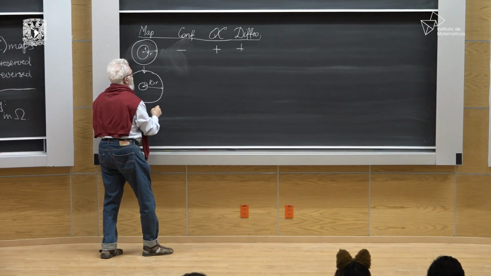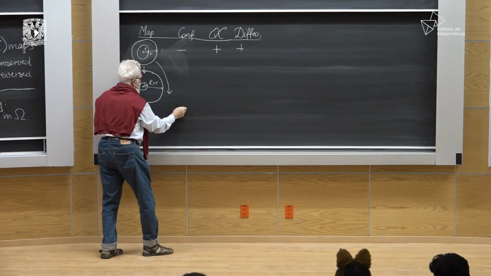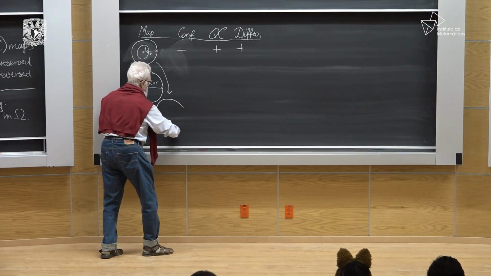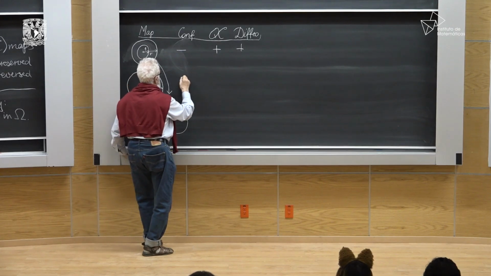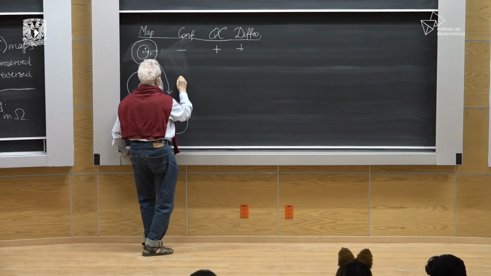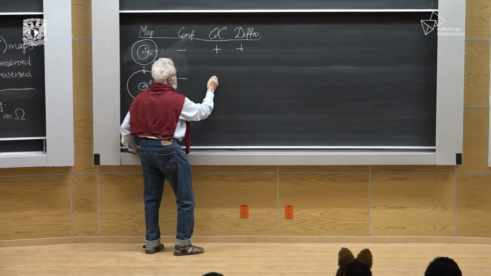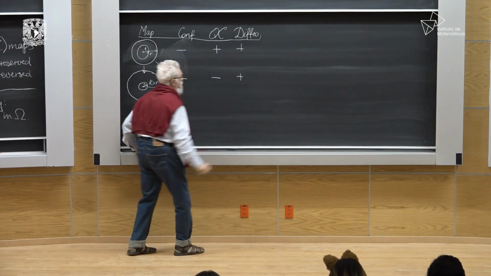Now we want to map this to a punctured disk. Then the conformal map does not exist. The quasi-conformal map does not exist, and the diffeo exists.